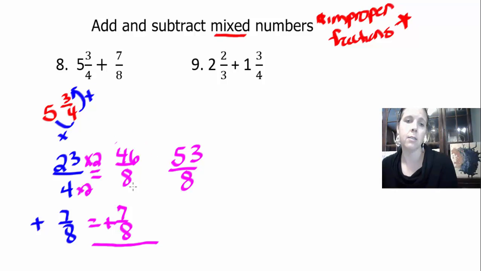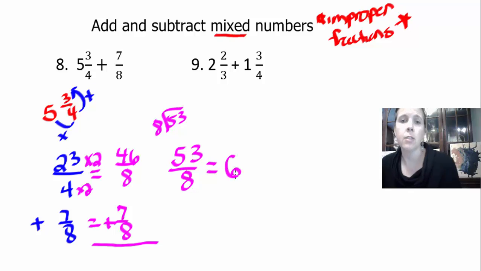46 plus 7 is what, 53 over 8. Again, we have to change it back to a mixed number. So 8 goes into 53 how many times? 8 and 5 is 40, 8 and 6 is 48, 8 and 7 is 56, so 8 and 6. Remember it's just division. 8 goes into 53, 6 times.